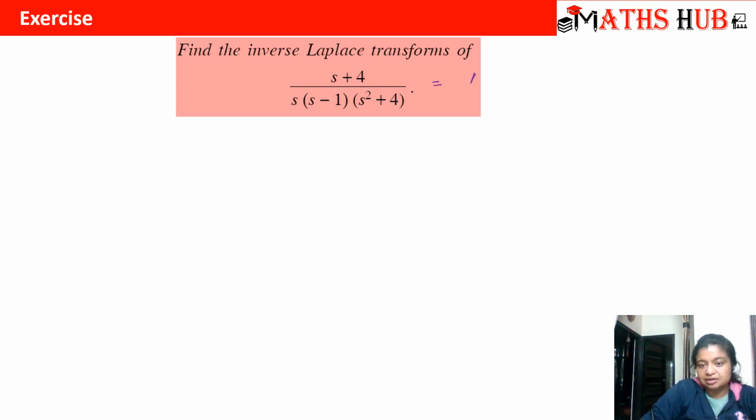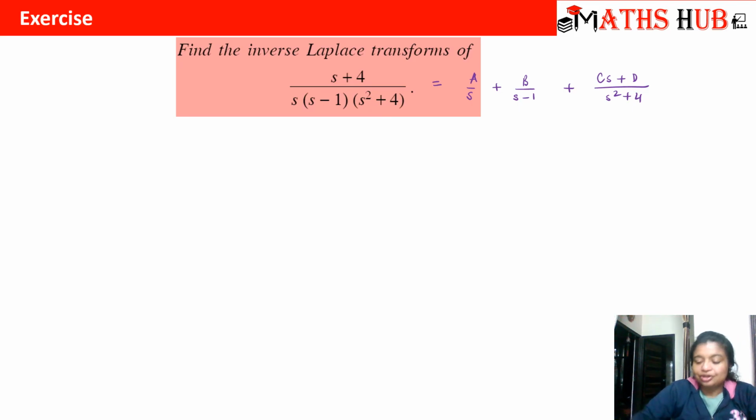You can split this term as a by s plus b by s minus 1 plus, this is a quadratic, so you can write it as cs plus d upon s square plus 4. So by cross multiplying, you can compute the coefficients a, b, c, d. And then you can apply the linearity property of inverse Laplace to split all these terms, and then you can easily calculate the inverse Laplace of each of them.